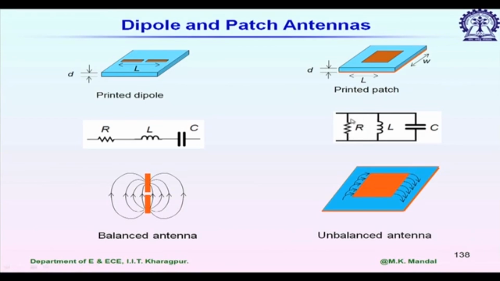Now, how do we determine that the printed dipole should be represented by a series resonator and the printed patch by a parallel resonator?